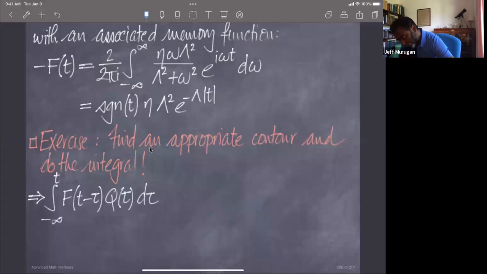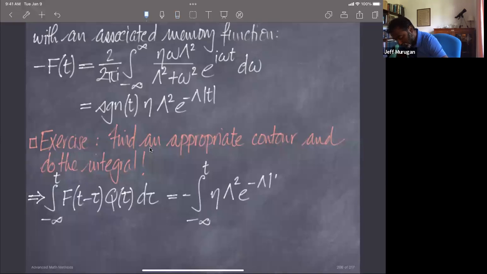Okay, which is minus the integral from minus infinity to t of eta lambda squared e to the minus lambda mod t minus tau, q of tau. Okay.